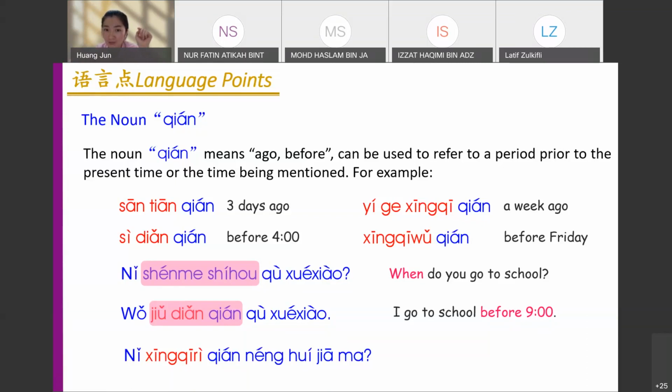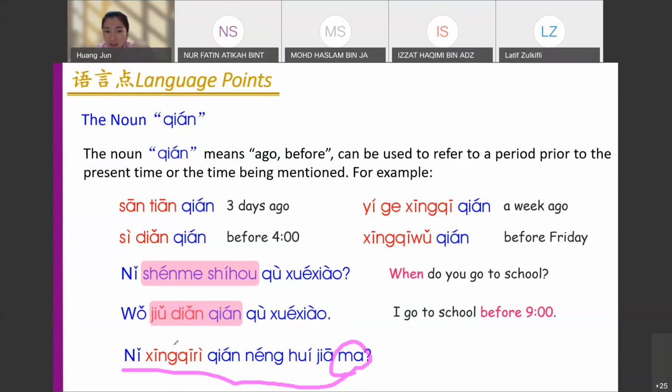Make sure you can always find the question word in the sentence. Okay, very good. It's ma, right? It's a ma question right here. Make sure you can follow. The ma question word we already found.